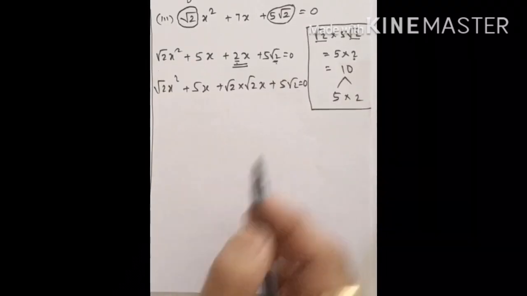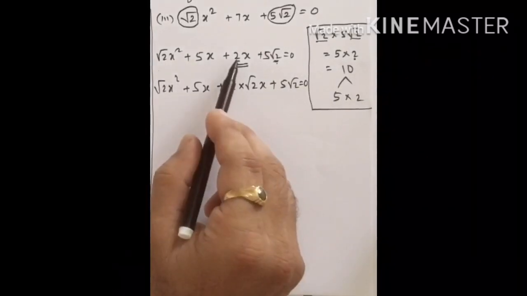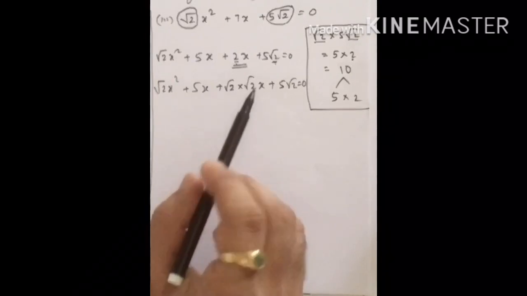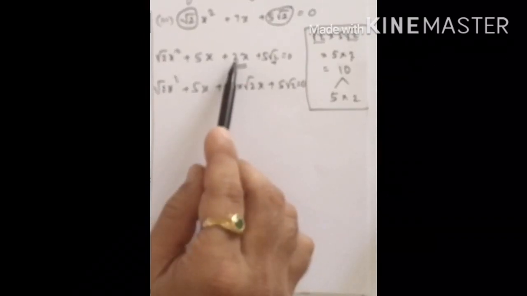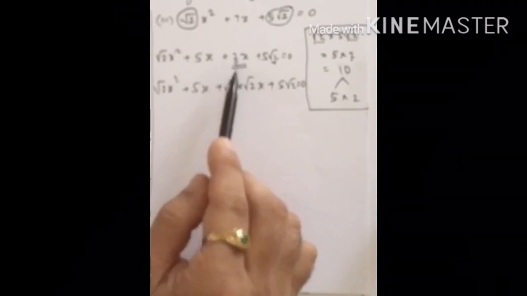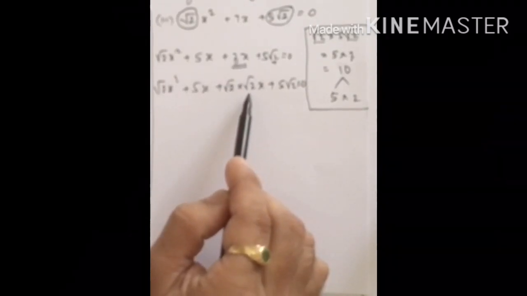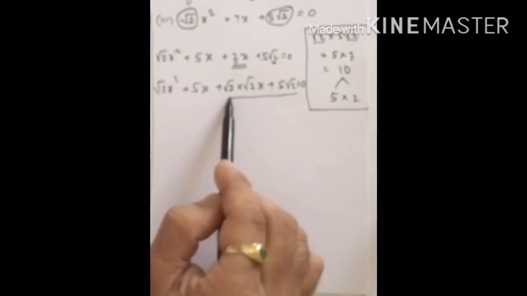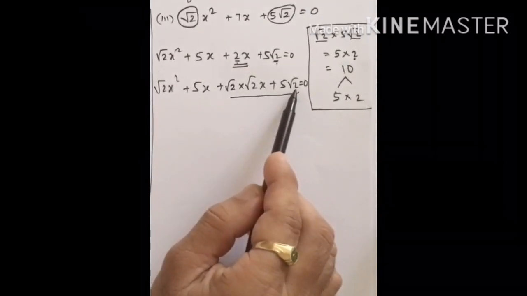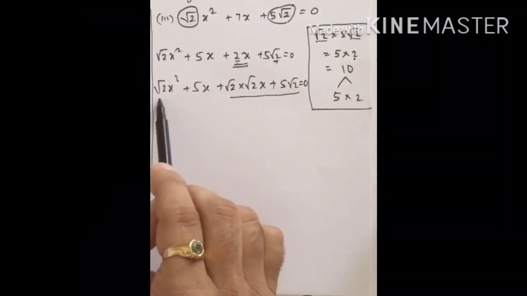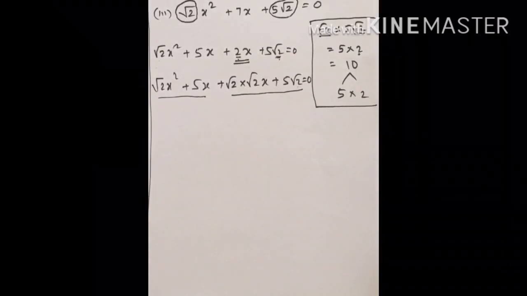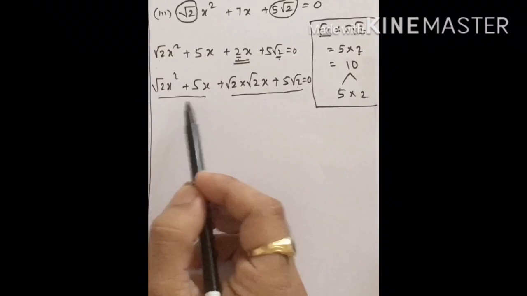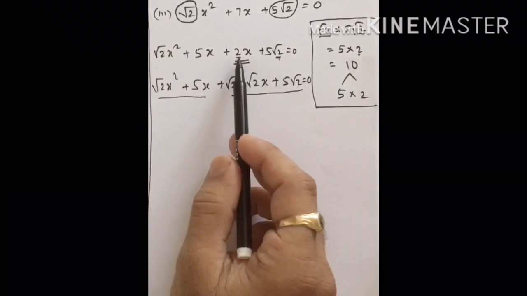So why have I split this 2 as root 2 into root 2? Because I want to take common from 5 root 2 and this 2. If we split this 2 as root 2 into root 2, you can take common from this 2 as root 2 and this one. And here you can take x common. Now in this, why have I split this 2?